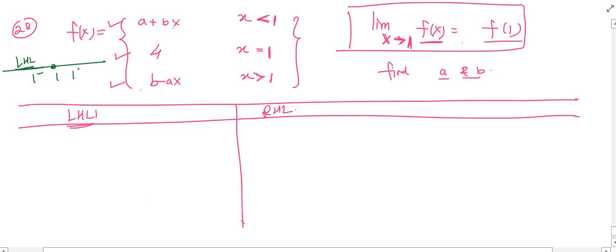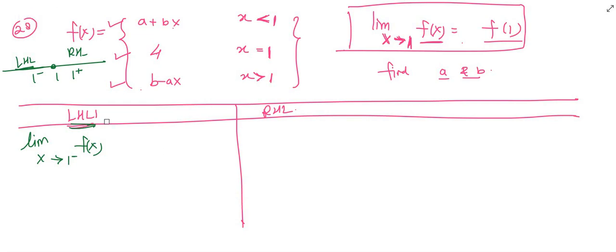Okay, and the right hand side is RHL. So how to write it? x is tending to 1 minus of f(x). That's how we write LHL. Fine. This is LHL.